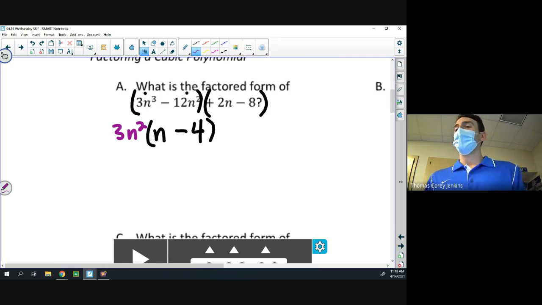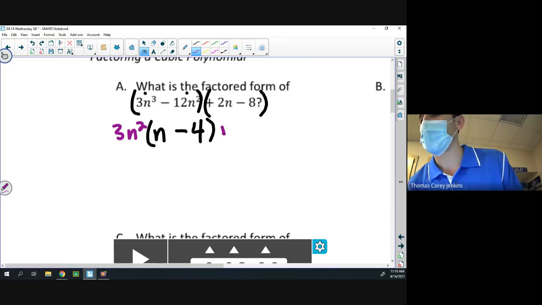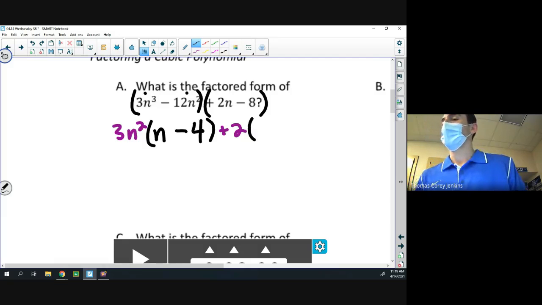What's the common factor for 2n and negative 8? It's 2, right? Anybody tell me whether it's positive or negative 2, since one's positive and one's negative? Positive, right? You would take the sign of the higher degree term. So we write plus 2 times whatever's left after we divide both by 2. So that would be n and minus 4.